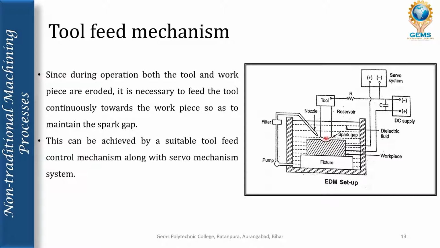If erosion happens in the tool, the spark gap will be enlarged, so the spark will not be produced. In order to maintain the spark gap after the erosion, the tool has to move continuously towards the workpiece. This can be achieved by a suitable tool feed control mechanism along with a servo mechanism system.